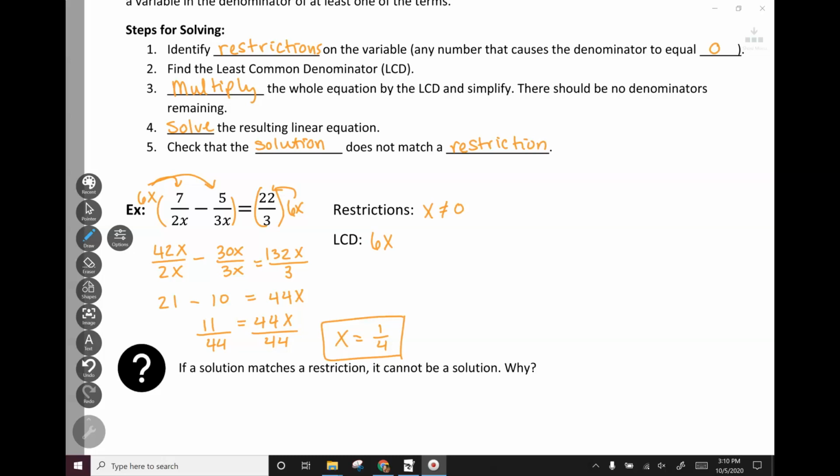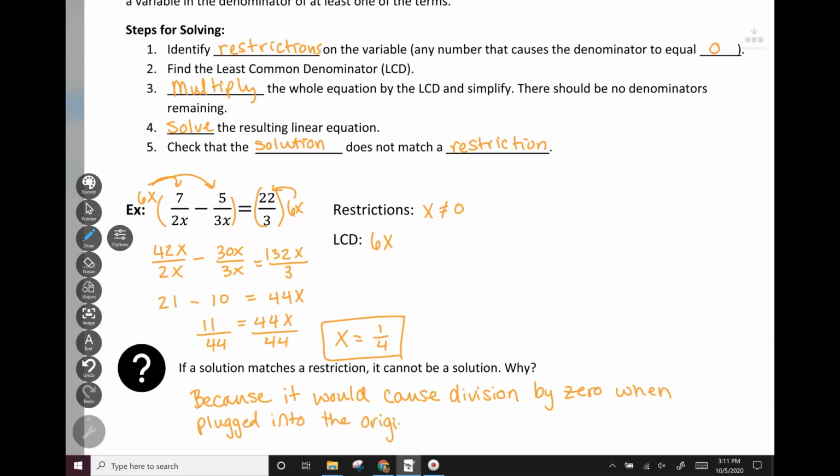So why can it not be a solution? Because it would cause division by 0 when plugged into the original equation.